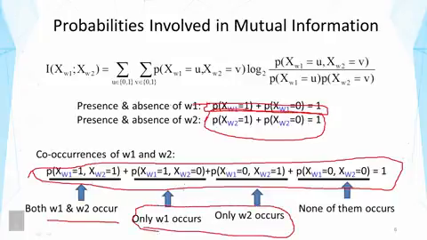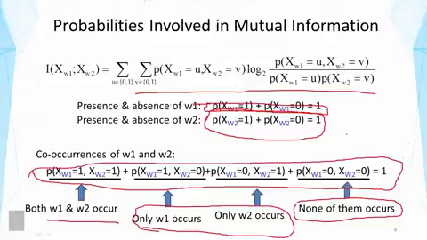In these 2 cases, one of the random variables will be equal to 1 and the other will be 0. And finally, we have the scenario when none of them occurs, so this is when the 2 variables take a value of 0, and they sum to 1. So these are the probabilities involved in the calculation of mutual information here. Once we know how to calculate these probabilities, we can easily calculate the mutual information.